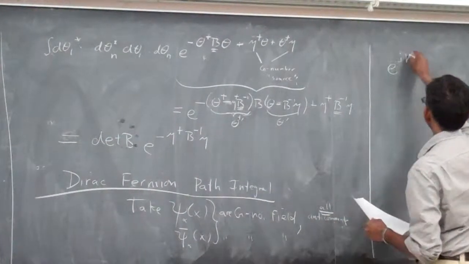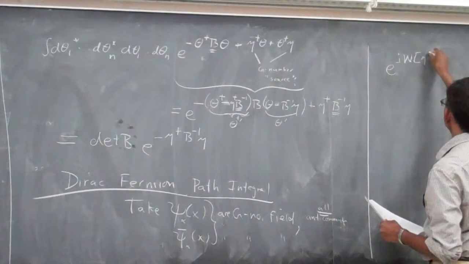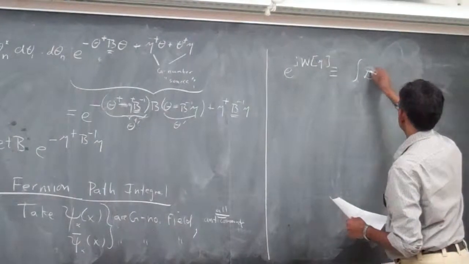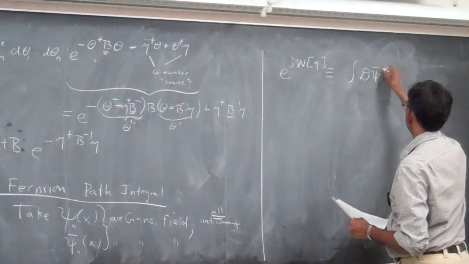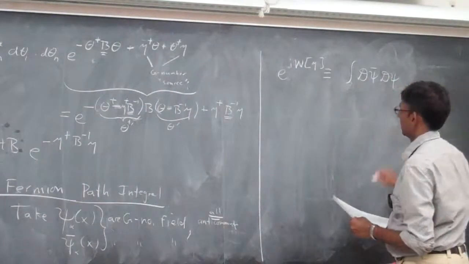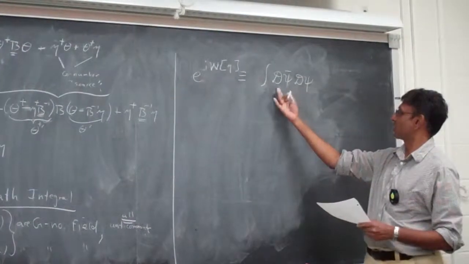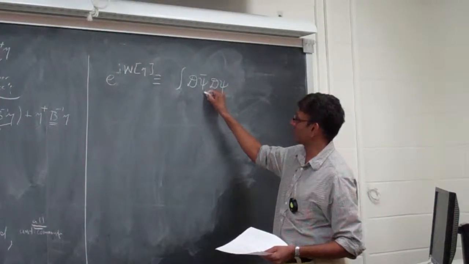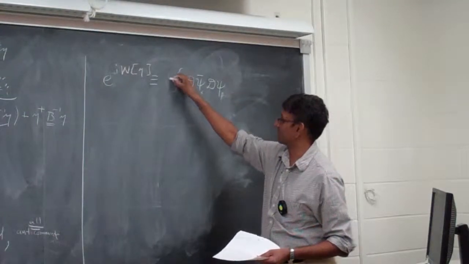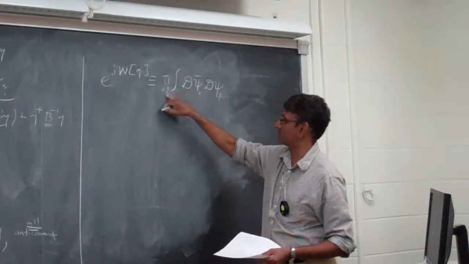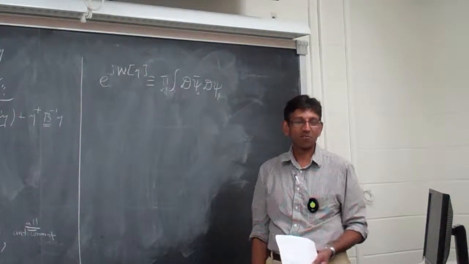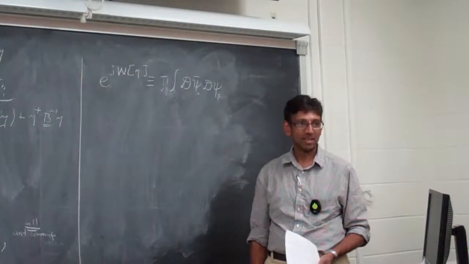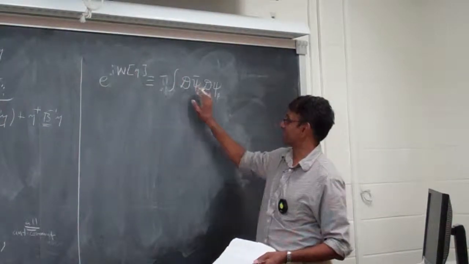Okay, so e to the i W of eta is defined as the integral d psi bar d psi, which really means a product over every point in space-time. You know that. It also means a product over Dirac indices. It's a 4-component thing, so obviously each of the components is, but nobody ever writes this.